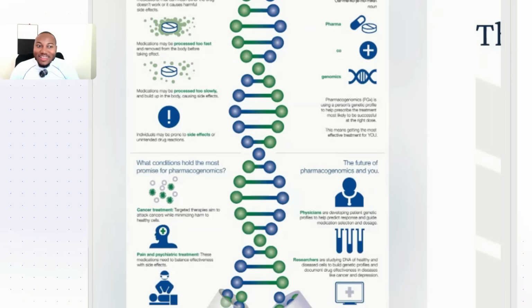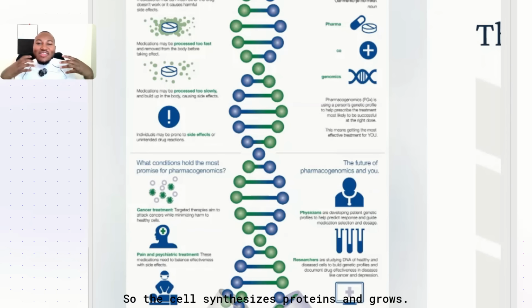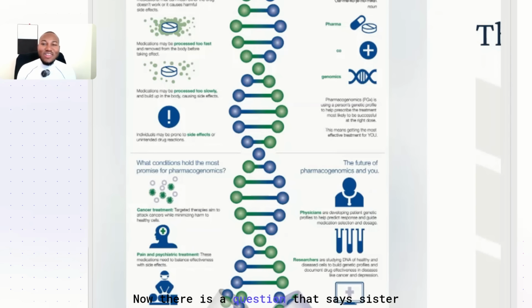Yes. That's what happens in the G1 phase. So in the G1 phase, everything is normal. Everything is growing. Everybody's just there in the class. So the cell synthesizes proteins and grows. That is G1 phase.